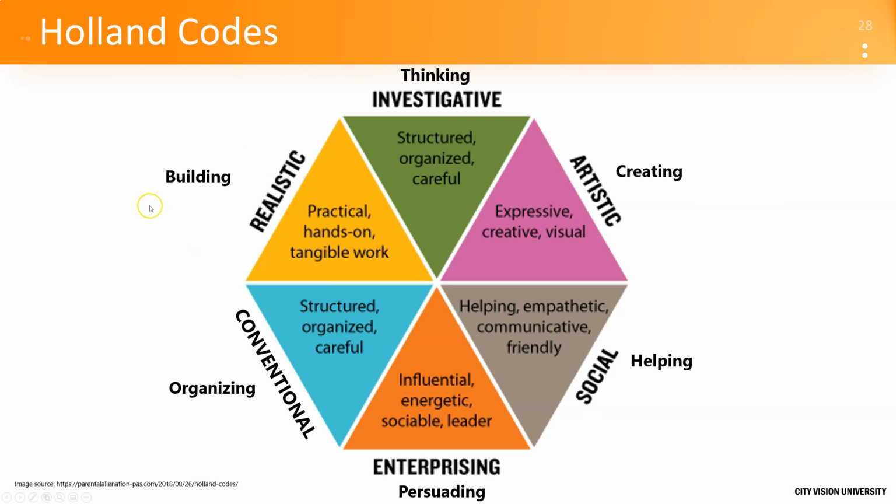Now, Holland Code is really interesting, especially with adults, because it frames things that relate a little more to careers. So often, a lot of adults that didn't do well in academics, it's because they have a Holland Code that's in this realistic, practical, hands-on, tangible work. So they're more into building. So a lot of jobs programs will be focused on vocational technical, but the problem is that I've seen a lot of Christian ministries or rescue missions put 100% of their students into vocational technical.